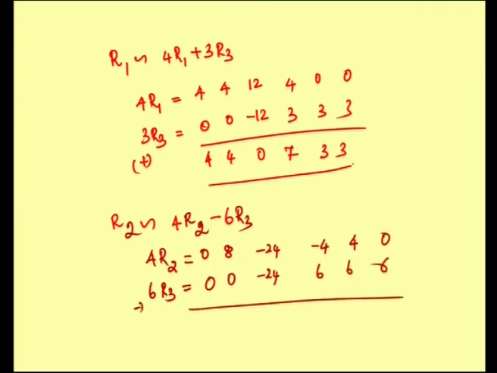Just subtract: 0, 8, 0, minus 10, minus 2, and then minus 6. Okay. That is what is written.